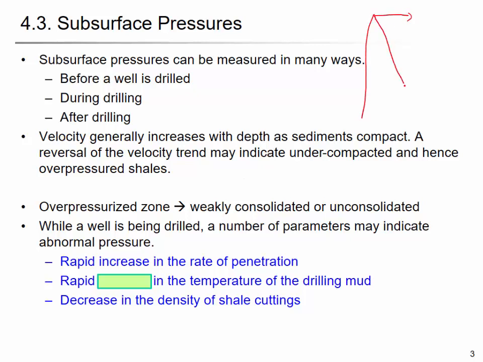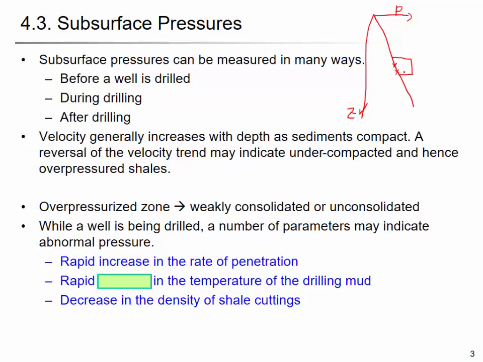In theory, you should have a pressure increase with depth linearly, which is a function of the density of water, right? But in some formations, instead of this, you have a higher pressure than the hydrostatic pressure.